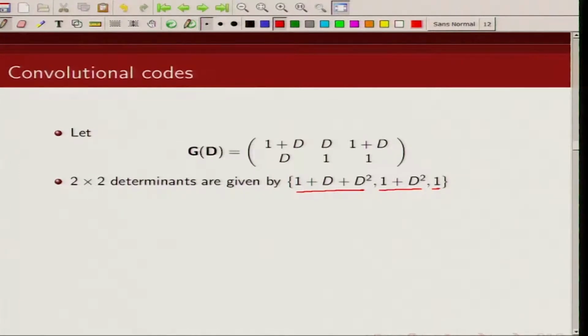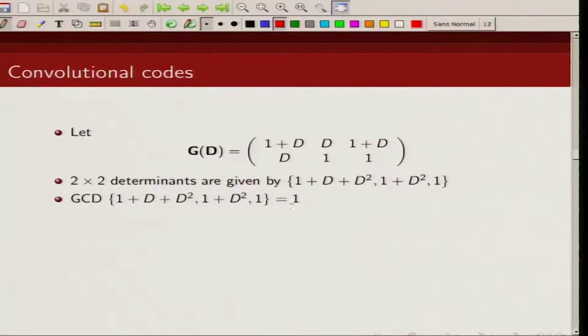Now, we need to check the greatest common divisor among them, and in this case the greatest common divisor is again 1. So, the determinants of these 2 cross 2 submatrices do not have any term common among them.